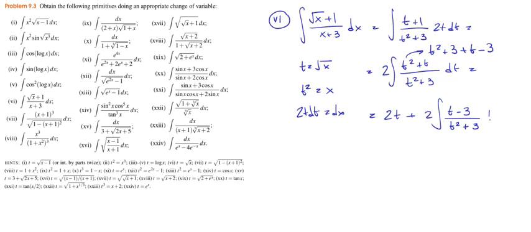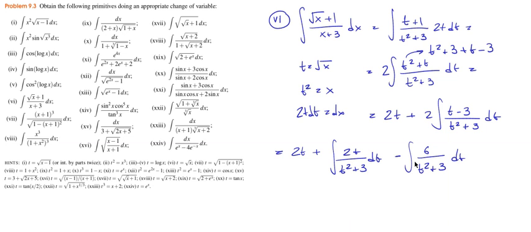So now this is one of those in which we need to separate this. This is already in a simple fraction. Then you have the primitive of 2t divided by t squared plus 3 dt, which is going to be the logarithm of this, and then we have minus the primitive of 6 over t squared plus 3 dt, and this is going to be an arctangent.